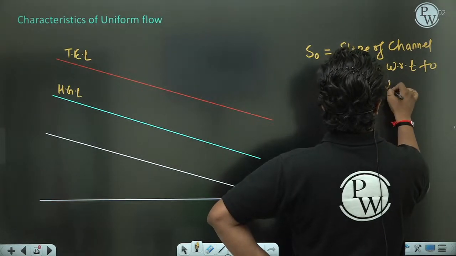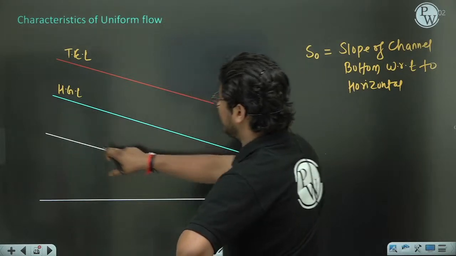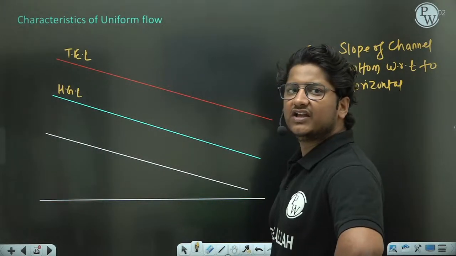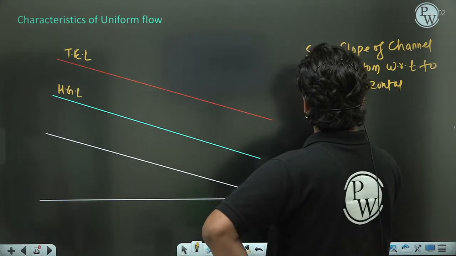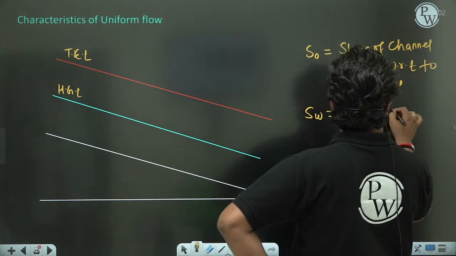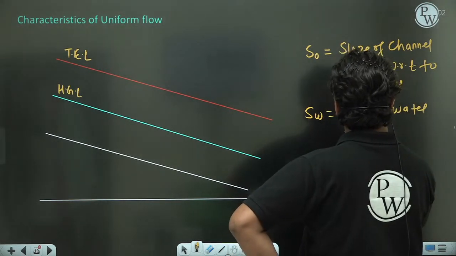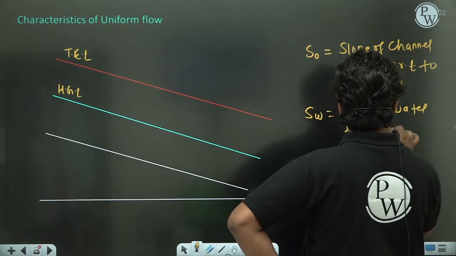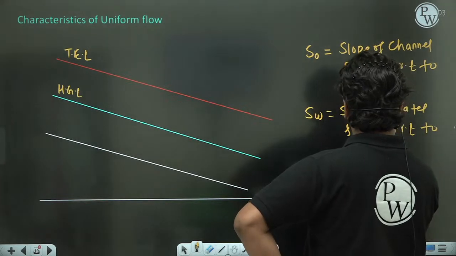Always remember, the slope of the channel bottom with respect to horizontal is nothing but S0. Second is SW, the slope of the water surface with respect to horizontal.